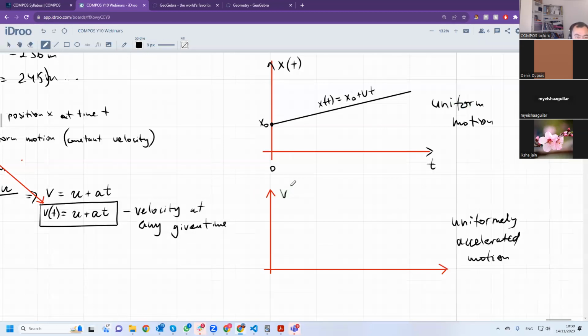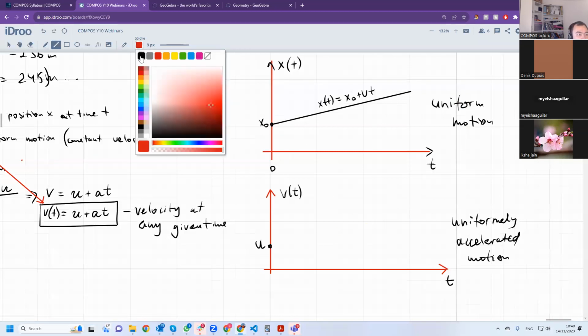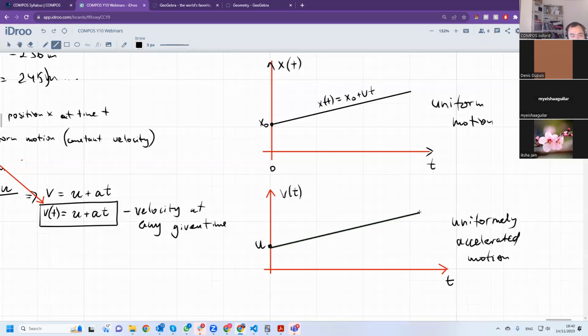This is v of t, and this is t. You start with the initial velocity u, and then it increases just the same way, because the graph is the same, just different axes. v of t equals u plus at. Does that make sense?